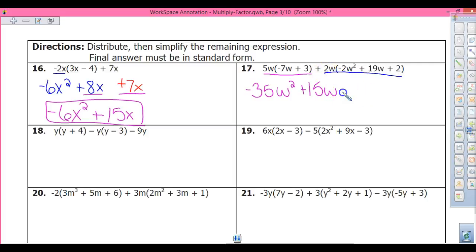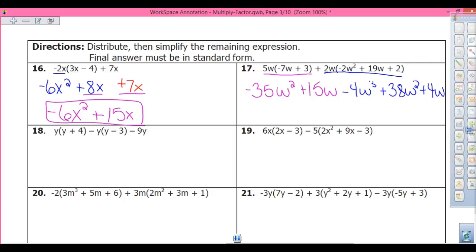So it becomes minus 4w cubed plus 38w squared plus 4w. Questions so far?